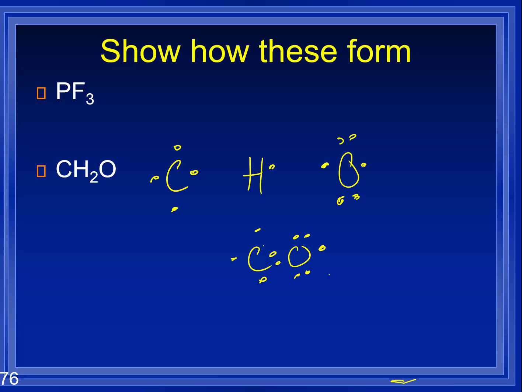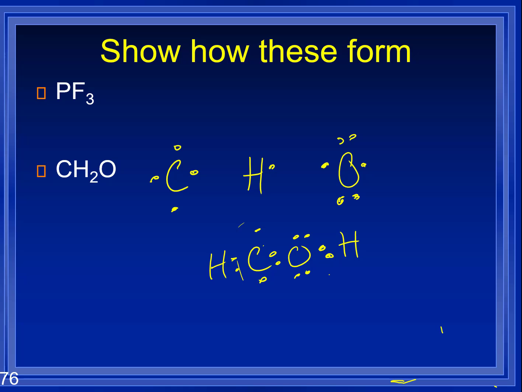Okay, so now I have to hook on hydrogens. I got my choices about where they go. Okay, I could put one on each of them. But to make the double bond, if I pulled that down and made that a double bond, that carbon would still only have 6 electrons.